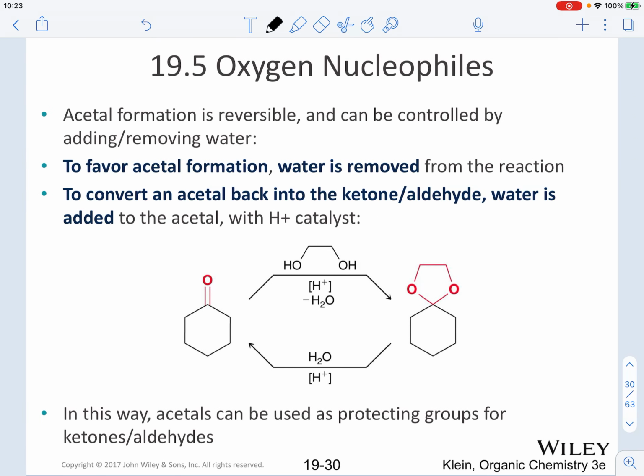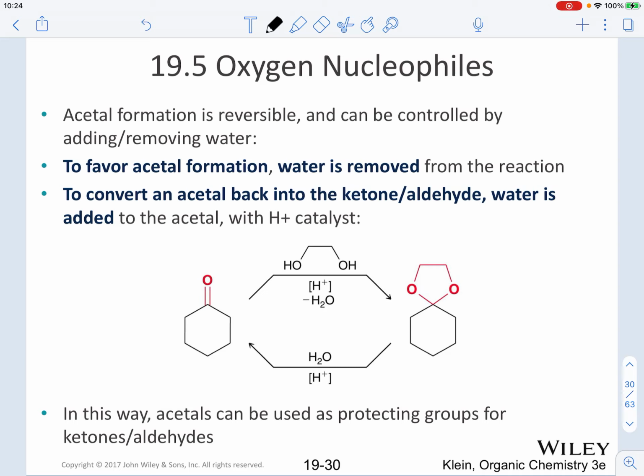Understand that acetal formation is actually a reversible process and it can be controlled by adding and removing water. To favor acetal formation, understand that water needs to be removed from the reaction. So there's actually instrumentation that is utilized in the laboratory in order to remove the water and push the equilibrium of the reaction towards the formation of the acetal.